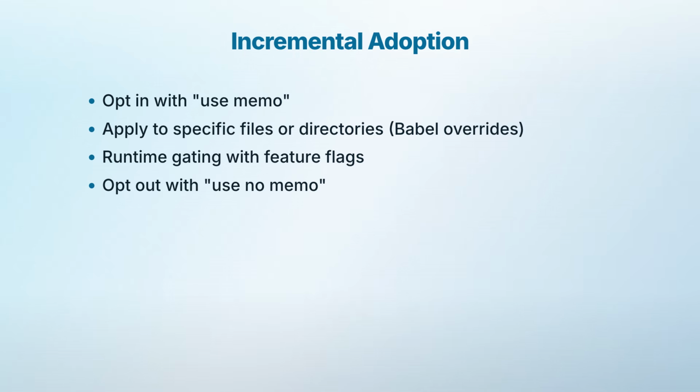Third, there's runtime gating with feature flags that allows you to enable or disable the compiled output dynamically, useful for gradual rollouts or A/B testing. And finally, you can opt out for a specific component using useNoMemo, which is helpful for debugging or isolating issues. Now let's see what this looks like in practice.